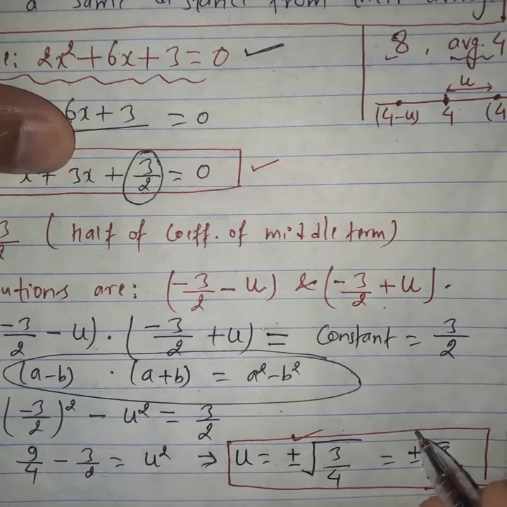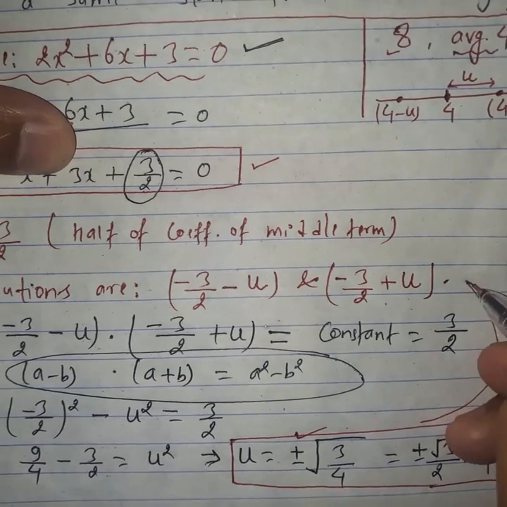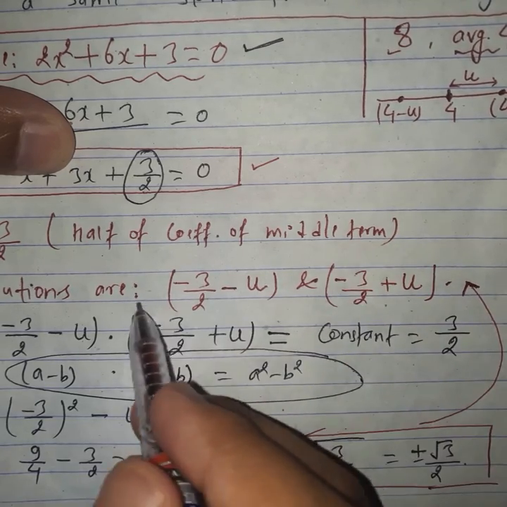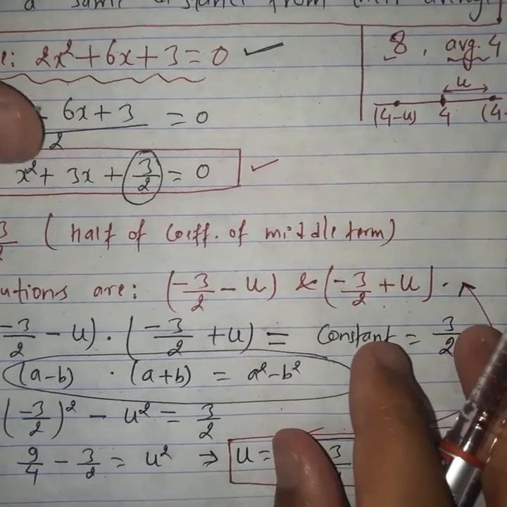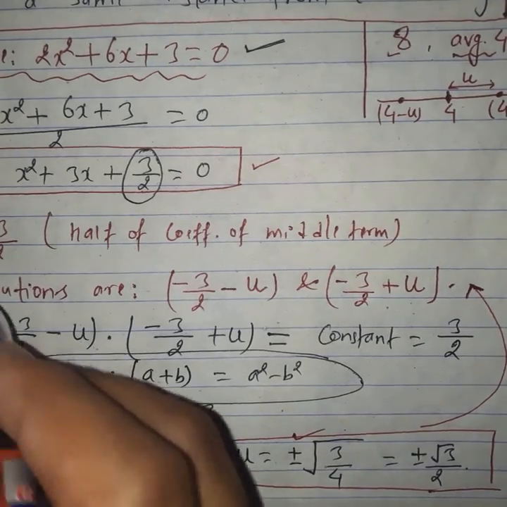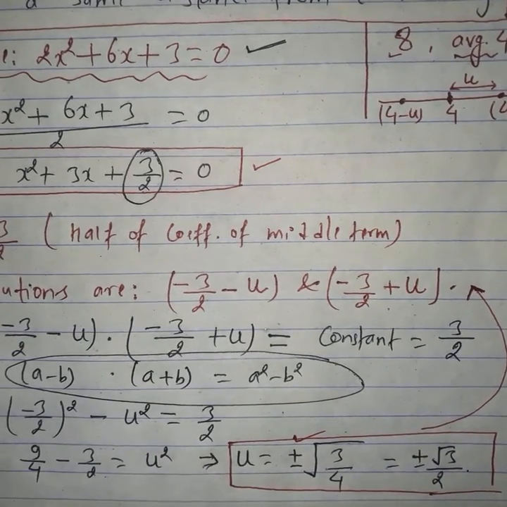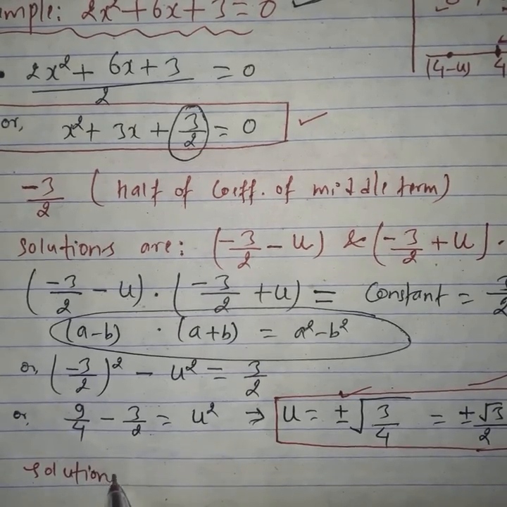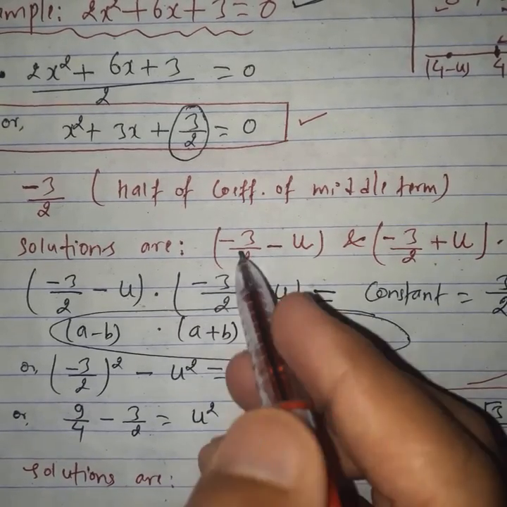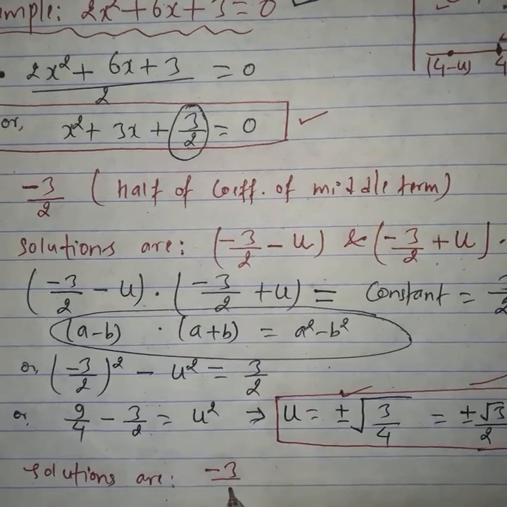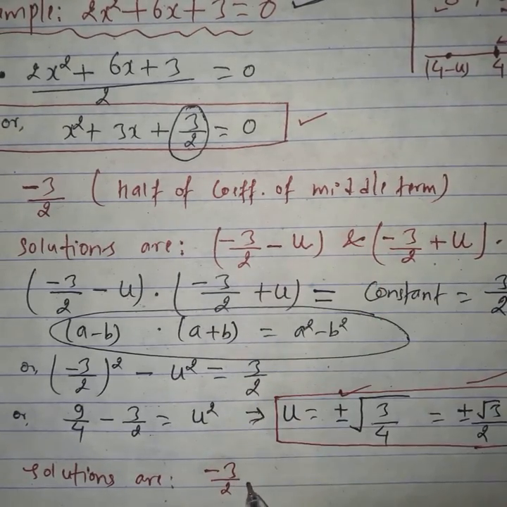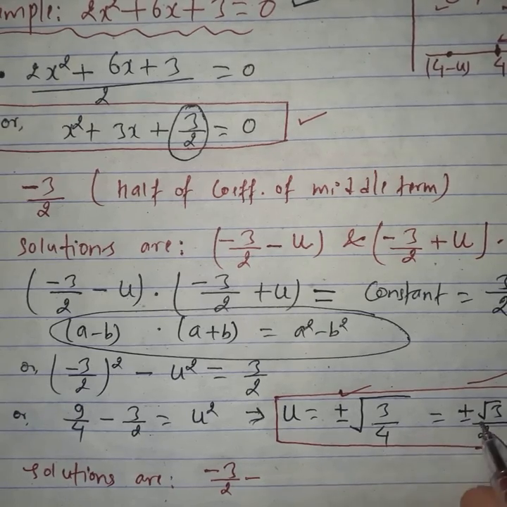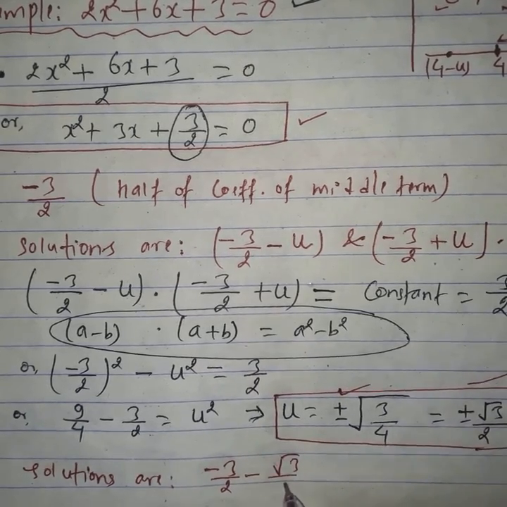Let's plug in this value of u in the third step. These are the solutions. So from the third step, the solutions are negative 3 over 2 minus u, taking the value of u, the square root of 3 over 2.